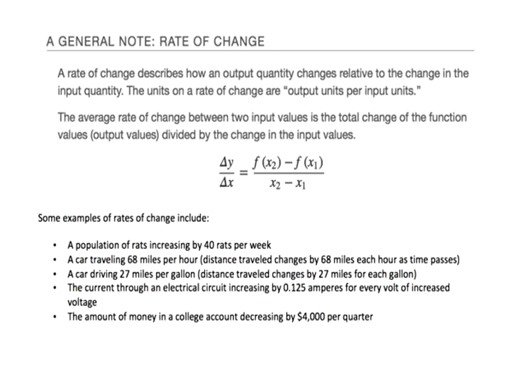So if I make the statement, a population of rats is increasing by 40 rats per week, my rate of change is 40 rats for every 1 week. A car traveling 68 miles per hour: I'm changing my position 68 miles for every 1 hour I'm traveling.